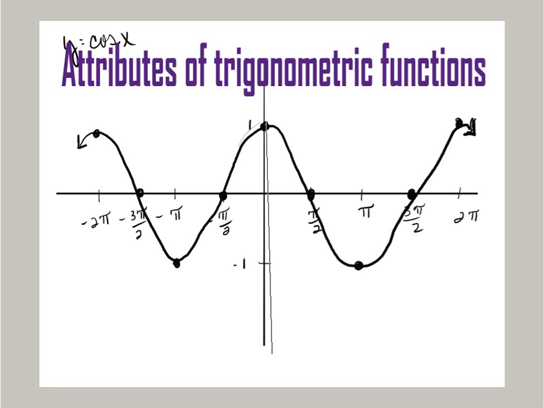The x value is 0 here, and then it goes all the way to 2 pi before you find that same value again, and it begins to repeat itself. So this x distance is 2 pi before it repeats itself.